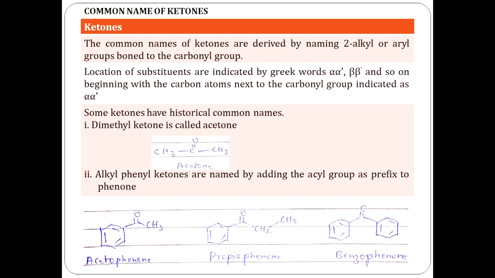Now, when you come to the common names of ketones, they are obtained by naming the two alkyl or aryl groups bonded to the carbonyl group.